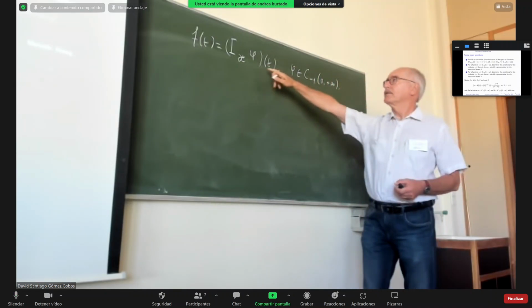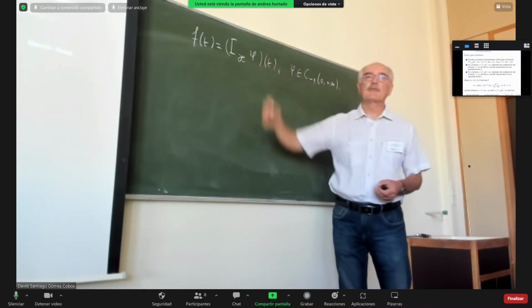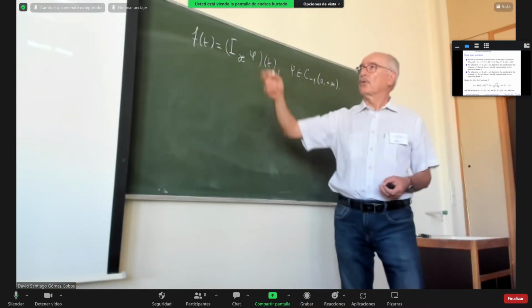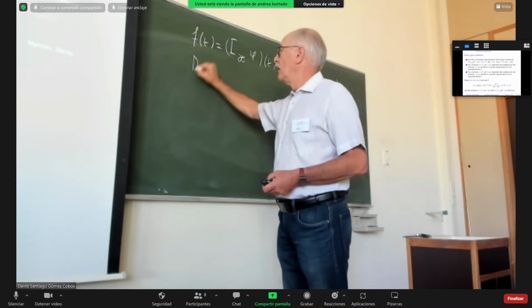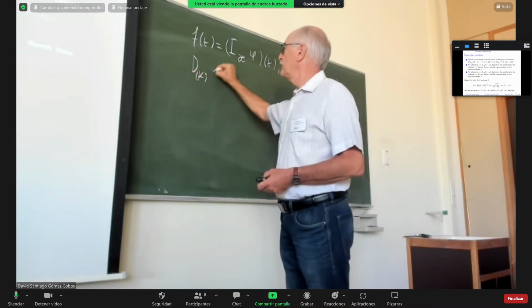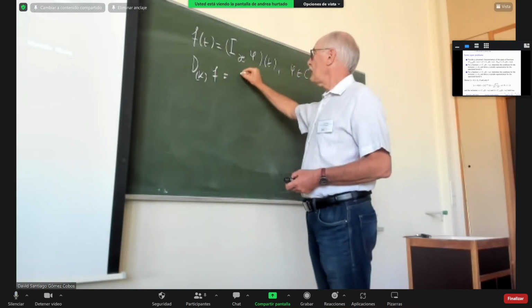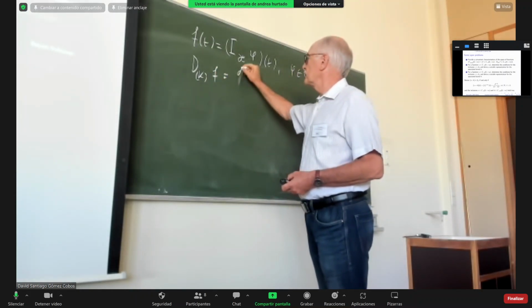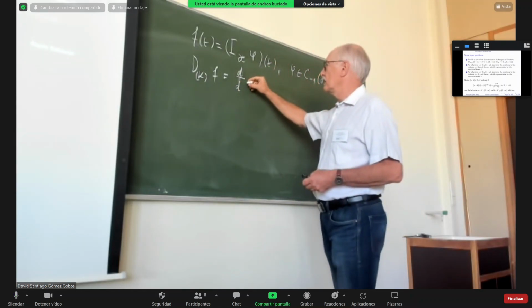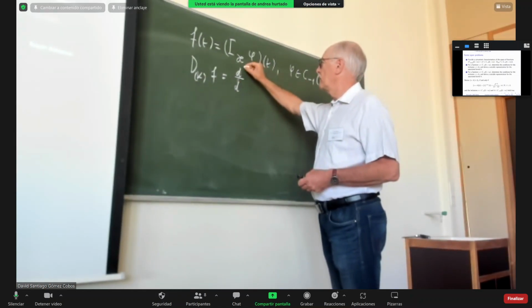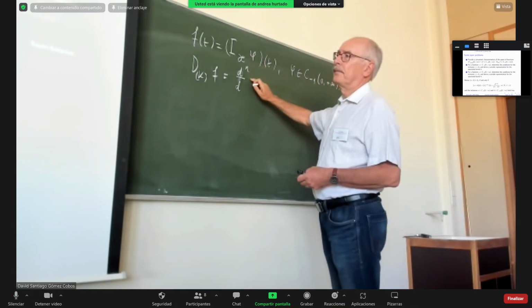So the functions that are represented as fractional integrals of course belong to the space, because if we calculate the derivative here, then it's just the first order derivative or the nth order derivative.